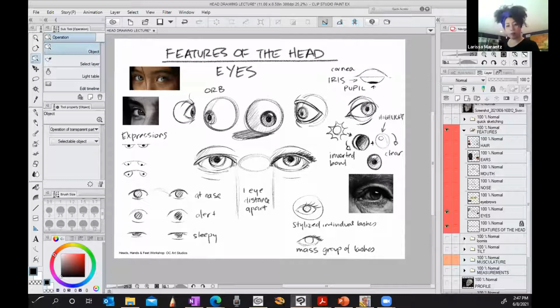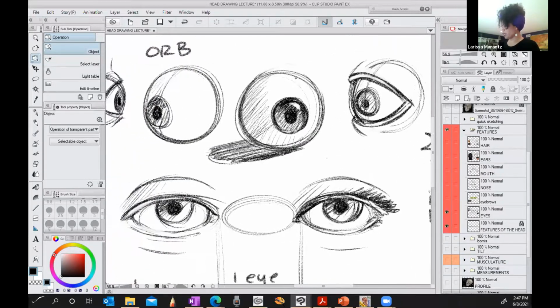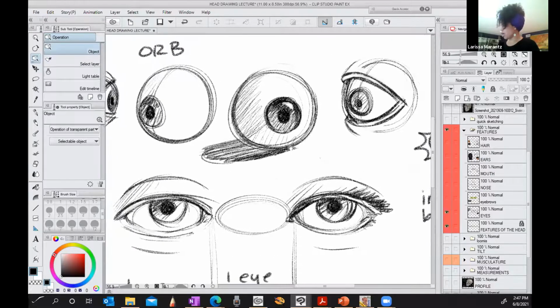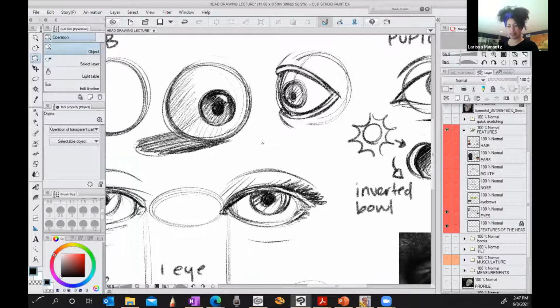The thing to remember is that it is a sphere, and it's behind your eyelids. When you're drawing the eye, think of a sphere, and the eyelids that cover the eye, kind of like a knight's helmet, how it comes down and opens up.